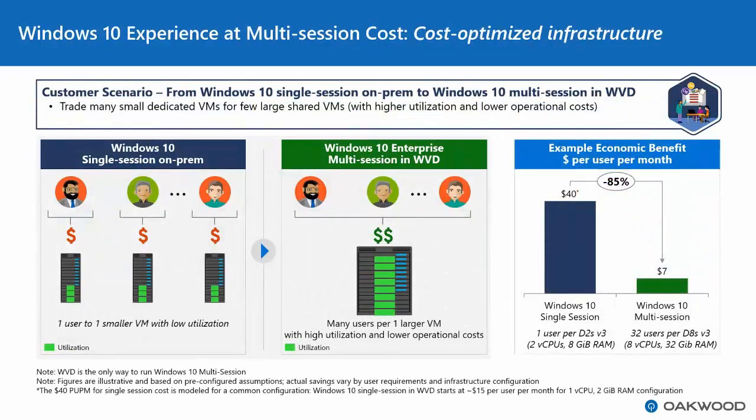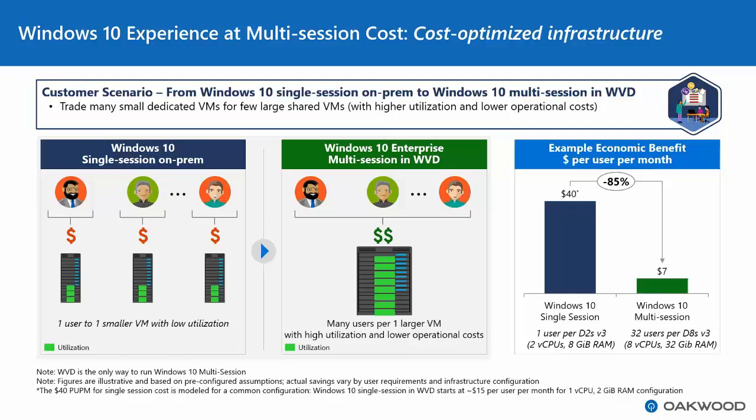Okay, and then we'll dive a little deeper into the cost optimizations and architecture examples. As you can see on this slide, we have an on-prem Windows 10 single session setup where you would create a small VM for each user. You're paying for each VM as it's rolled out.